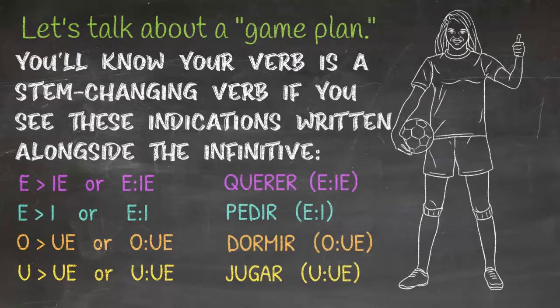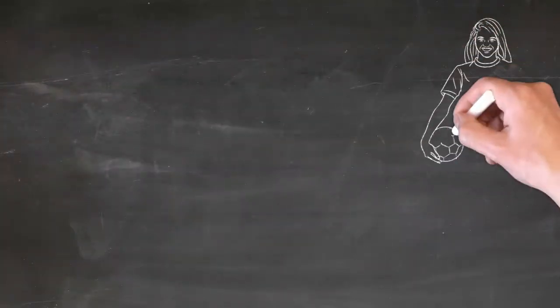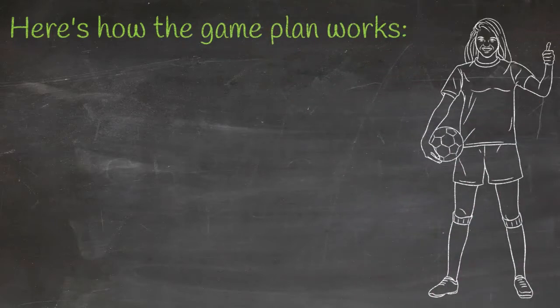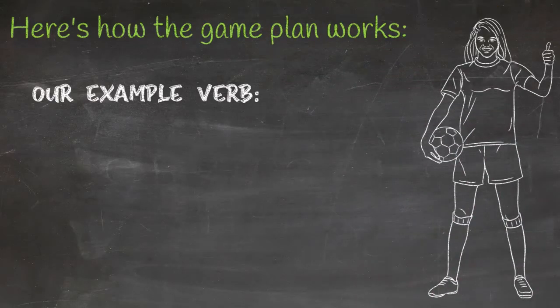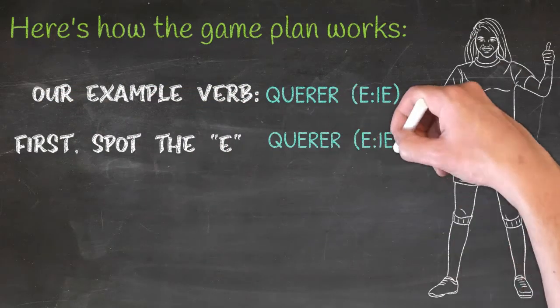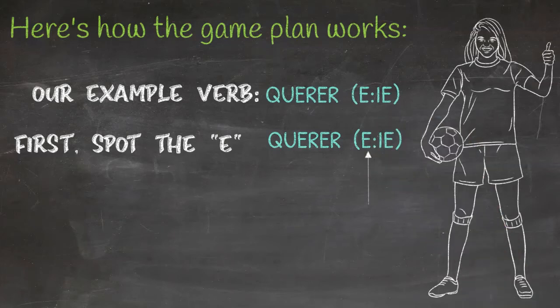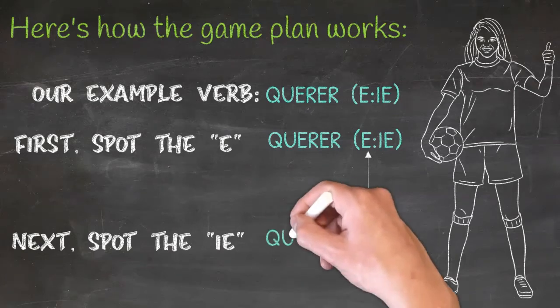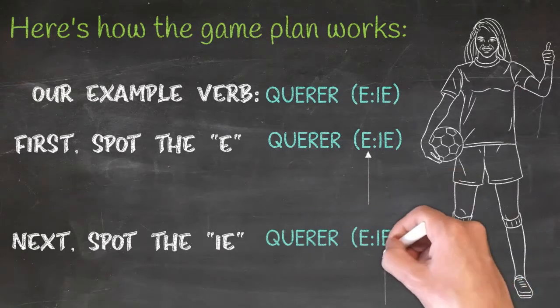So I see that there's a game plan. But how does the game plan work? Let's use querer. When we see the game plan, we look for the first letter, in this case, the E. And that means that we have to find that E in the stem of the verb querer.